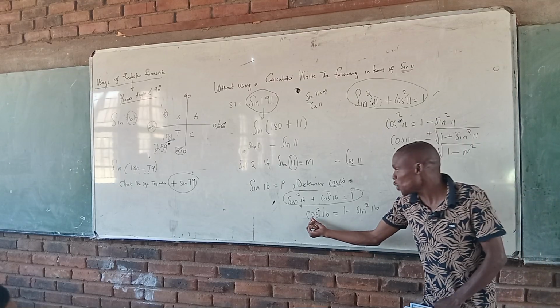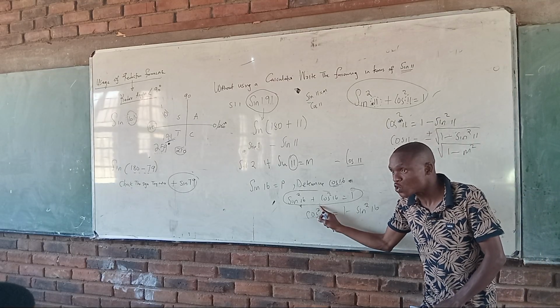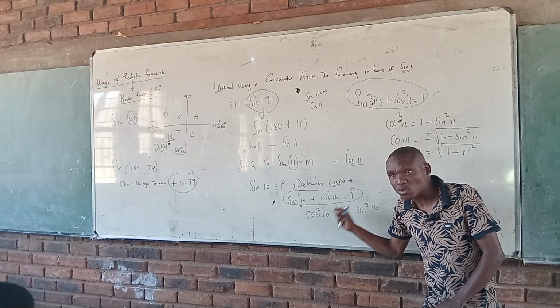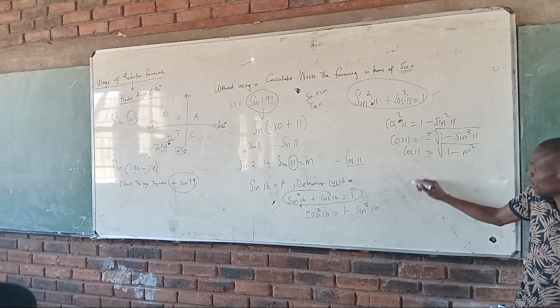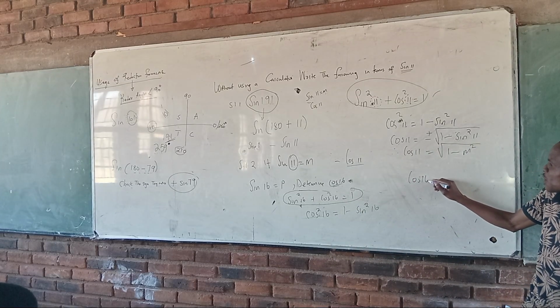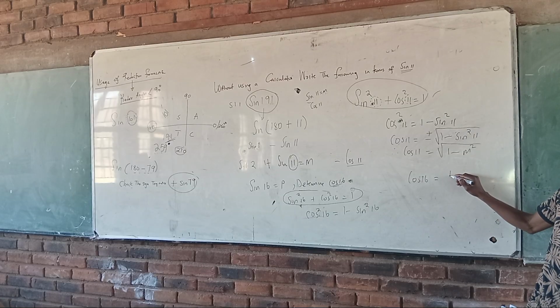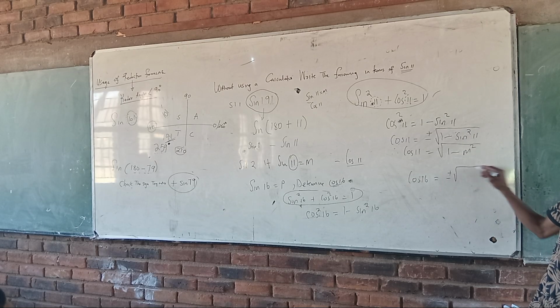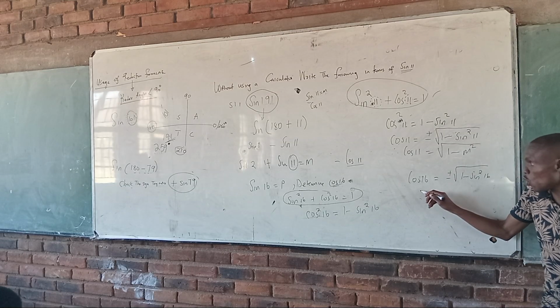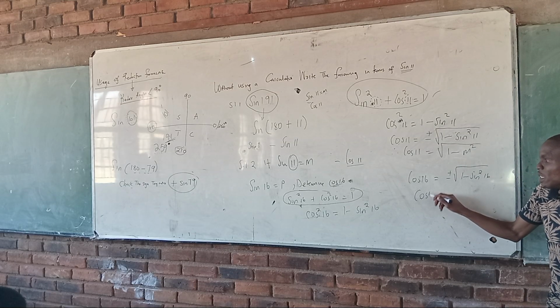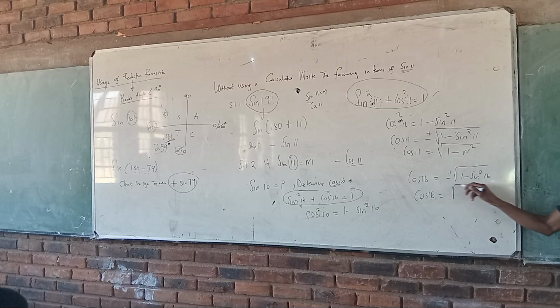Now, because you are looking for cos 16, not cos squared, you have to put the square root on both sides, which means cos 16 is going to be plus or minus the square root of 1 minus sine squared 16. Actually, cos 16 is positive.